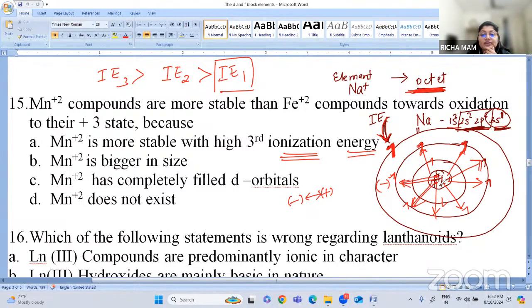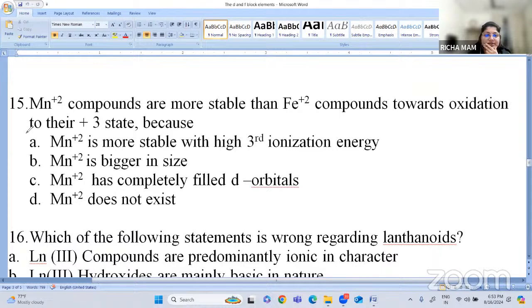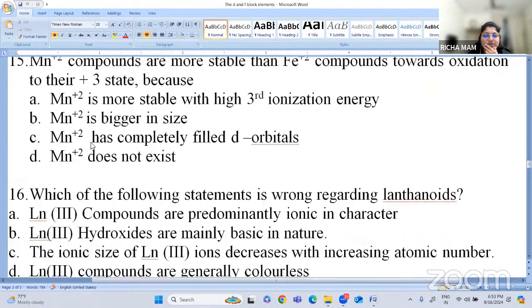So at that time the energy required will be quite high. Remember about ionization enthalpy, a very important concept. In your first year also, you might have studied this concept, ionization energy. It was taught in classification of elements and periodic properties. Fine. So let us go for the next question.